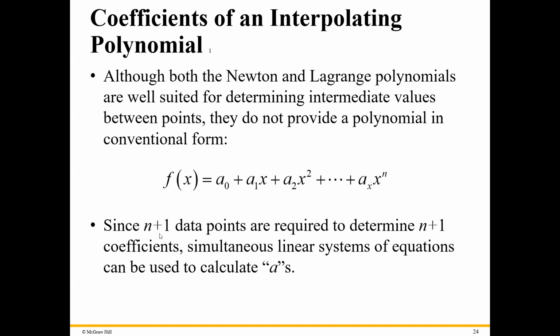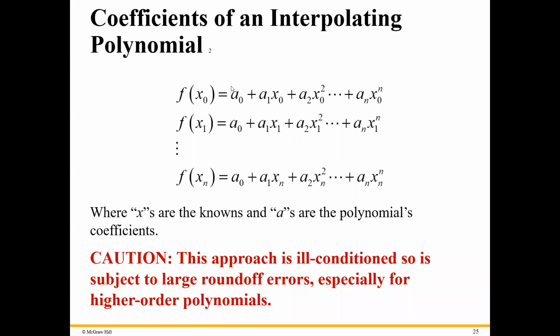Since n plus 1 data points are required to determine n plus 1 coefficients, simultaneous linear systems of equations can be used to calculate the values of a. For example, this may be the simultaneous linear system of equations.